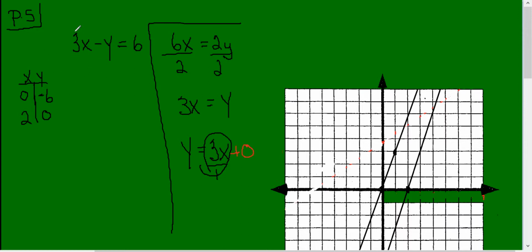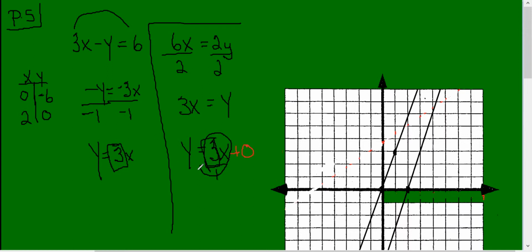I did the slope-intercept form here, and what do we notice? If I bring the 3 over here, it becomes negative y equals negative 3x. And let's just concern ourselves with the slope. I don't have to worry about the 6 now. Dividing by negative 1, I get positive y equals 3x. So my slope is 3 here as well as 3 here.